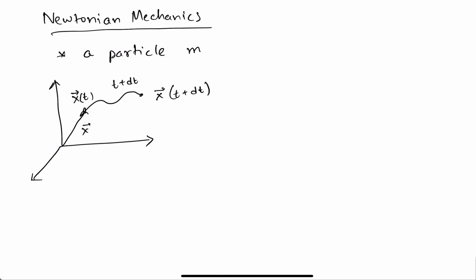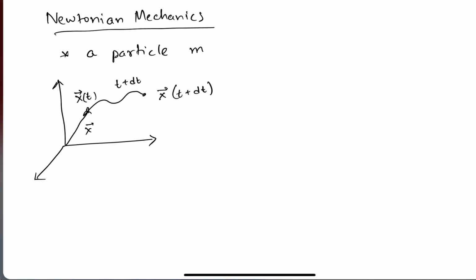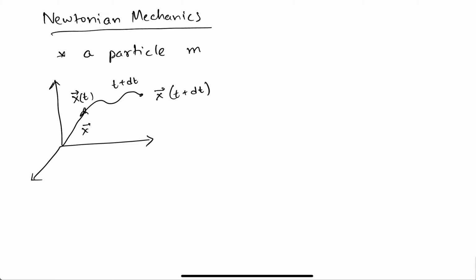This example is given by a particle, but you don't need to have just a particle. You could have any time-dependent system. For example, you could have chemical reactions. Chemical reactions could have many chemicals, X1, X2, that give some product, X3.